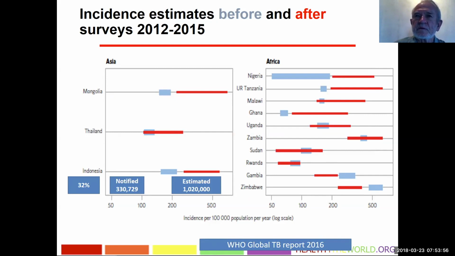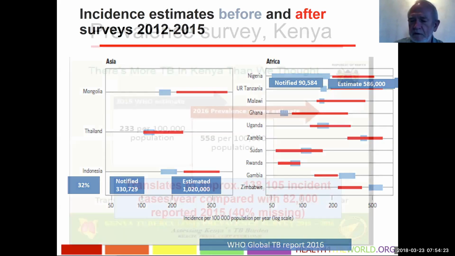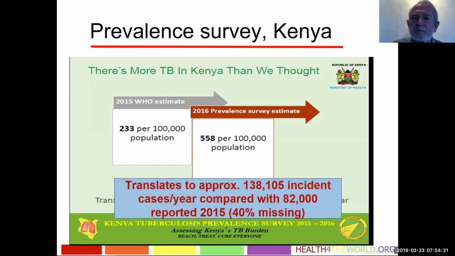That is 68% of the cases in Indonesia were not reported, and there's little or no information relating to the status of those cases. Looking at Nigeria, number of notified cases, 90,000. The estimated number was 586,000. That leads to a 15% case notification rate, meaning 85% of the cases have no information known about them.